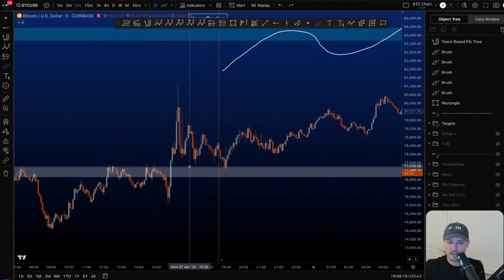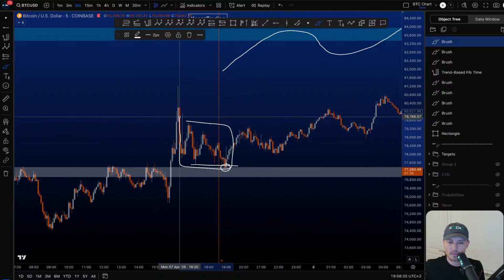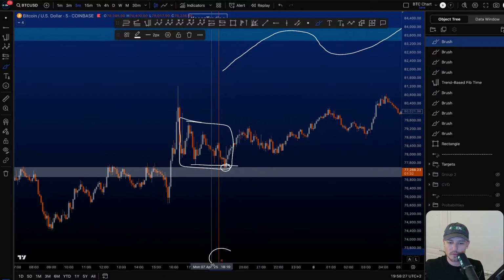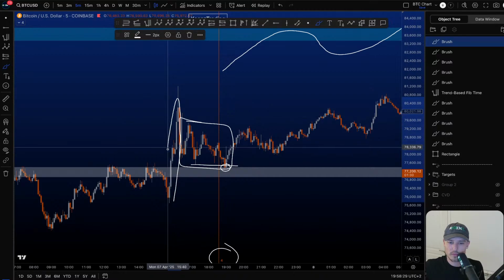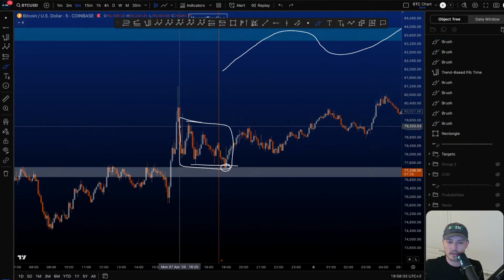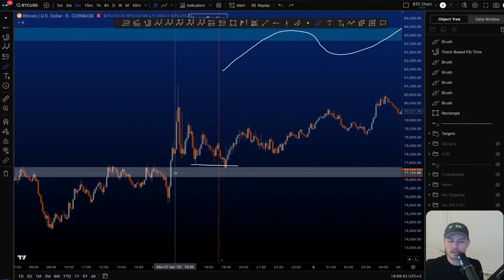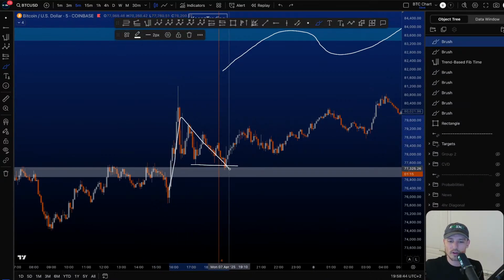Once this low was taken and this low here was made, this structure is over 4 times longer than this move up. Meaning your wave 2 is 4 times longer than your wave 1. And that is where probabilities start to really decrease for this to be a wave 1 and a wave 2.